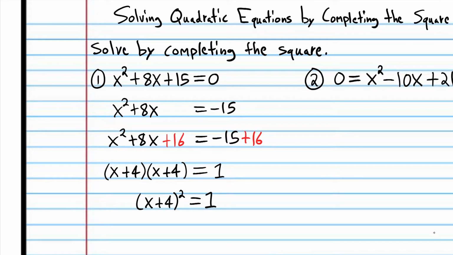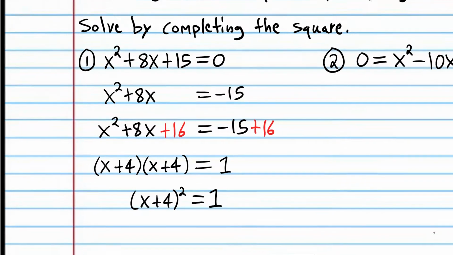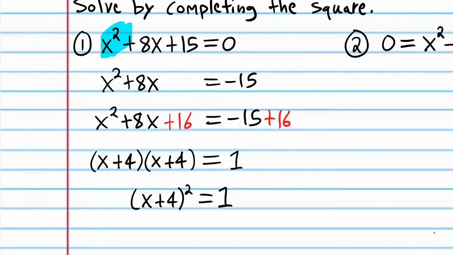At this point, you're probably thinking to yourself, who cares? Why are we doing this? What's the point of this? Well, the reason we did this is because here we have a complicated expression where the x squared and the x are separated. Whenever you try to solve an equation, you want to combine the x's. But we can't combine them because you have unlike terms, an x squared and an x.